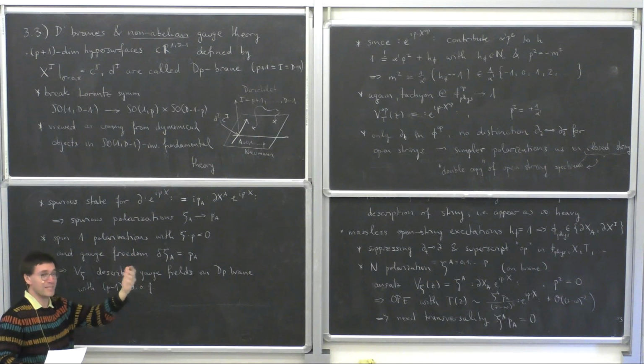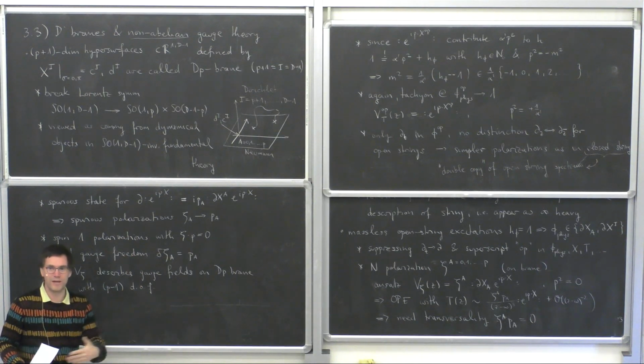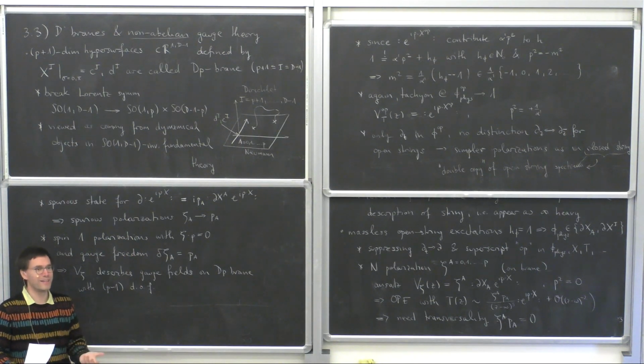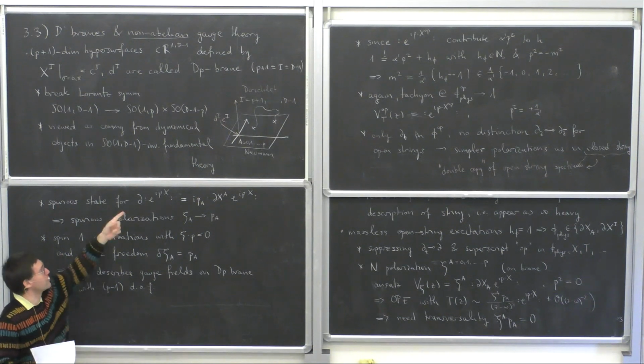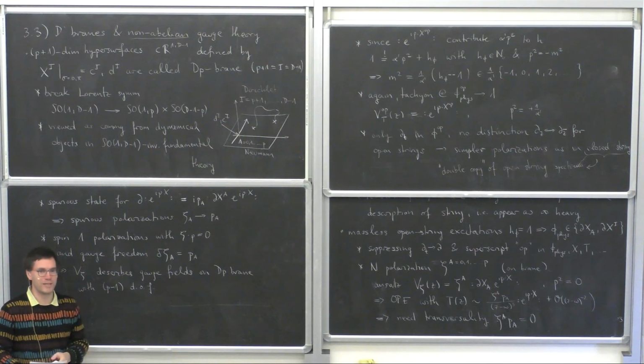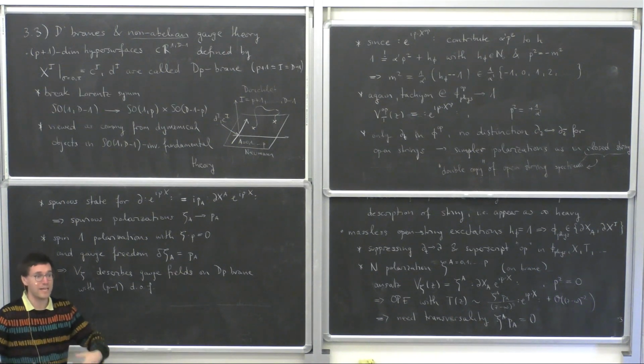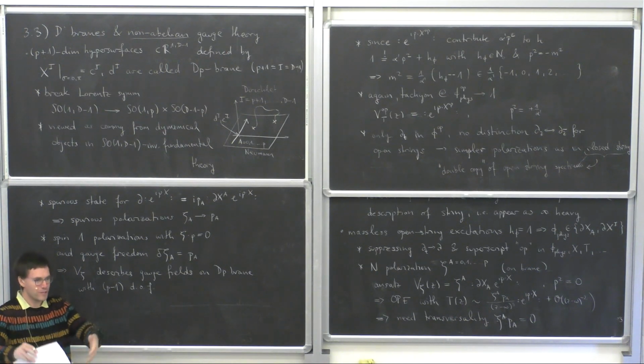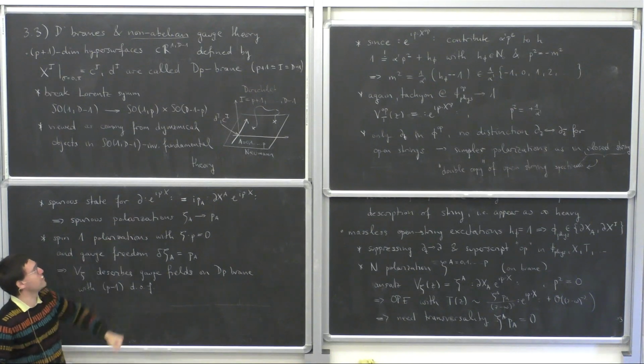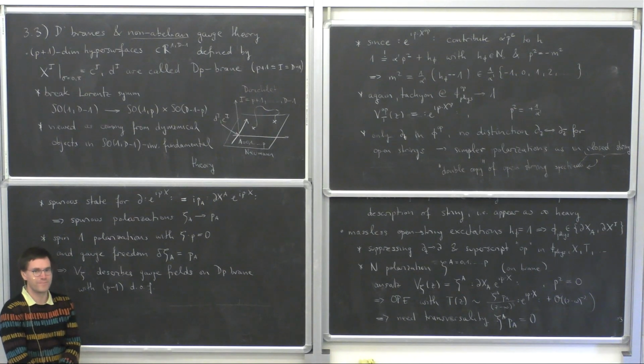But closed strings, in turn, don't care whether there's a D brane or not. I mean, the closed string doesn't have an endpoint that you could potentially confine to that brane. So it's quite funny. Gravity works in a higher dimensional way, but the gauge theory is confined to a lower dimensional object.